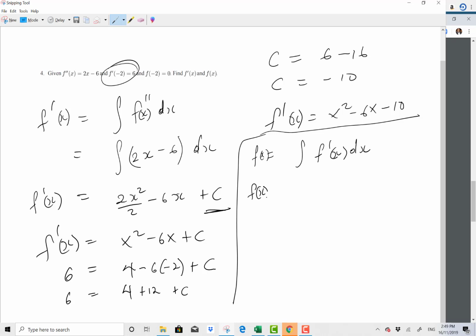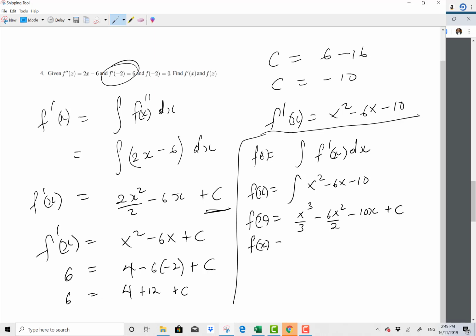So f of x is going to be the integral of x squared minus 6x minus 10. This is an indefinite integral, so I'm going to have some constant as well. So to find the integral of this, f of x is going to be equal to x cubed divided by 3 minus 6x squared divided by 2 minus 10x plus a constant as well.